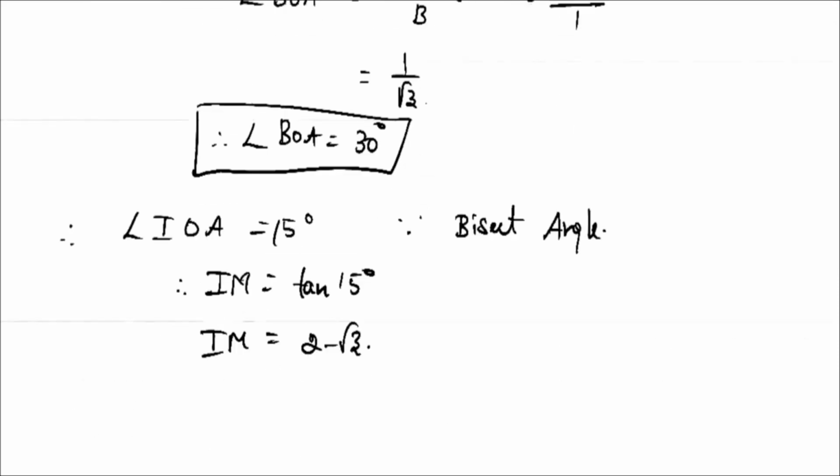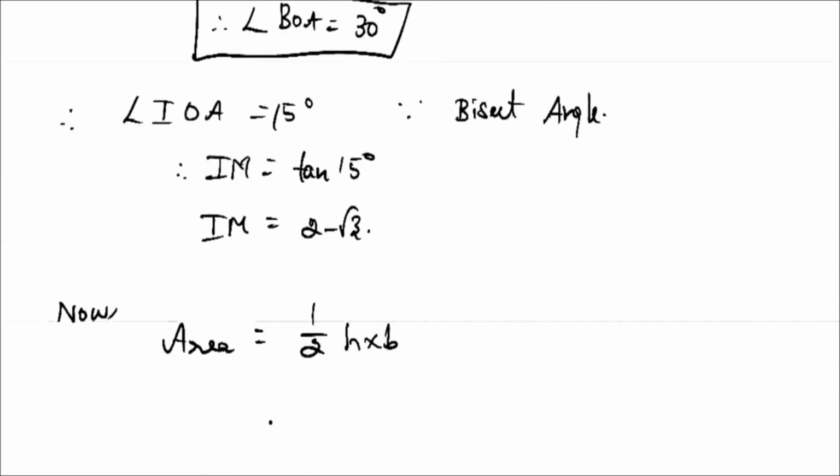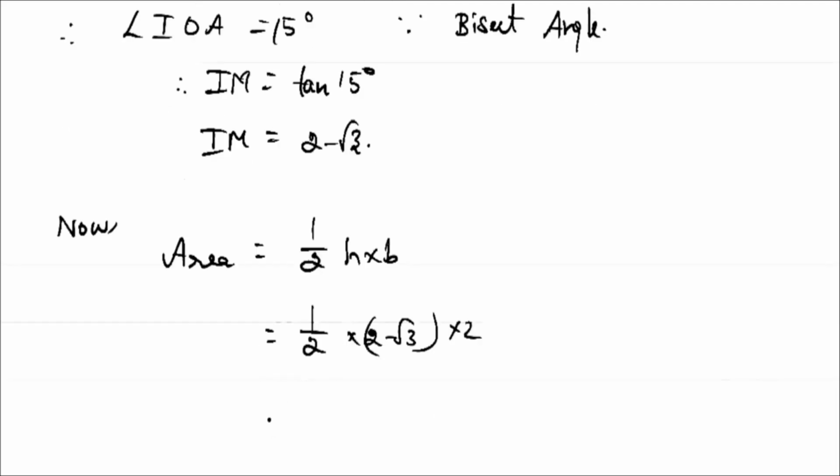Okay students, now area equals half h into b. Therefore 1 by 2 into (2 minus root 3) into 2. The 2s cancel here, so the area equals 2 minus root 3 square units.